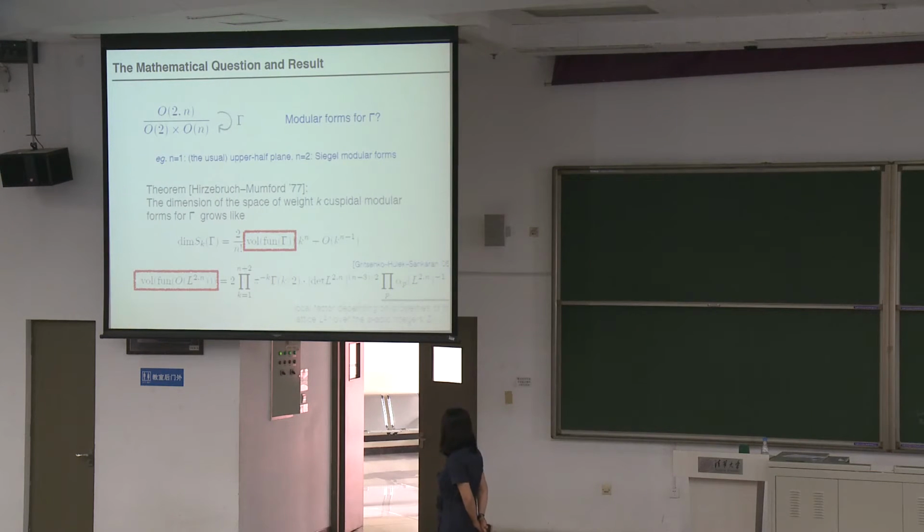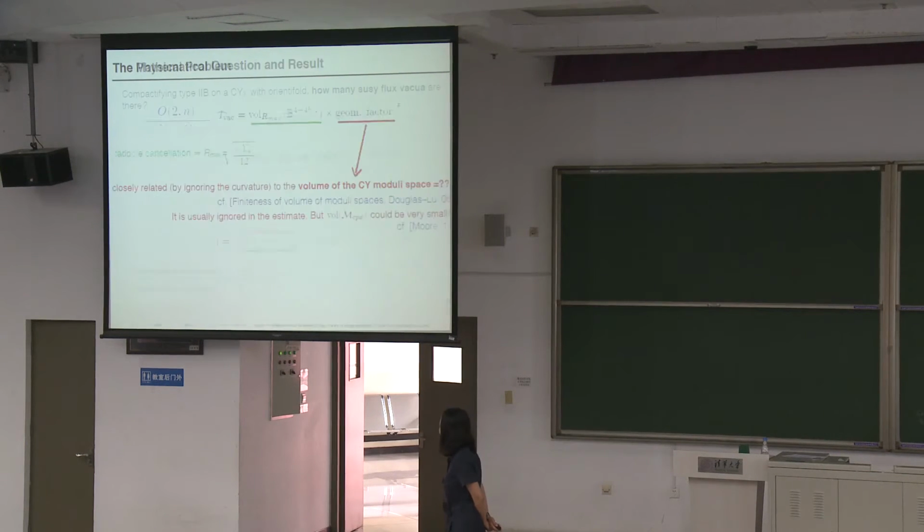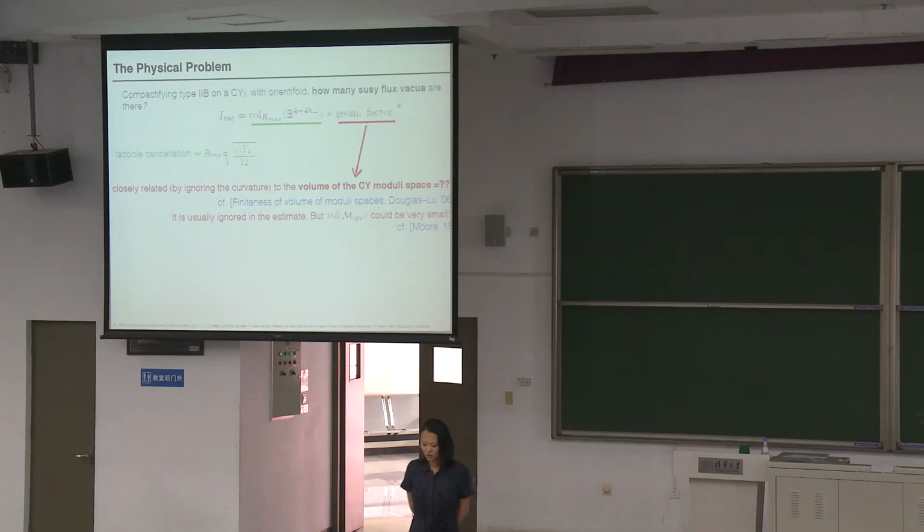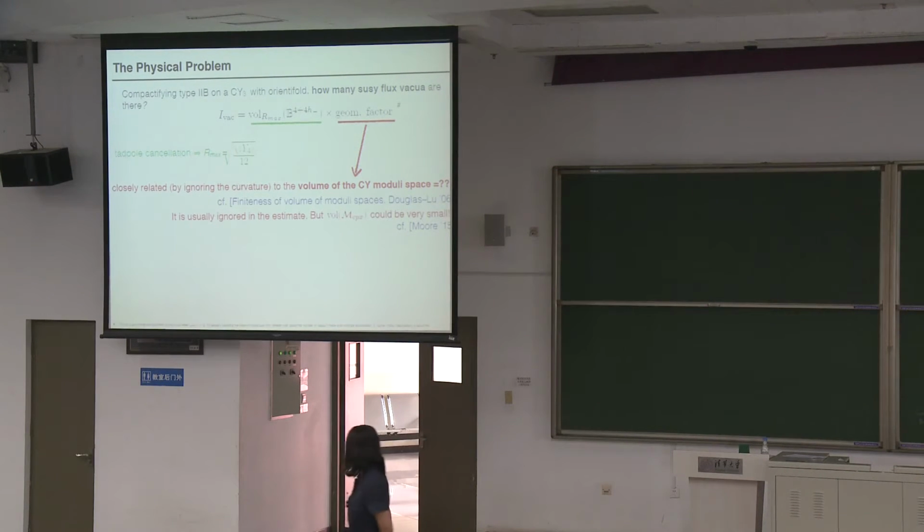So why do we care? Let's go back to the problem of counting flux vacua. Under some technical assumptions, here you're not supposed to read the small print, this is the formula that Ashok and Douglas gave us. There are two factors.